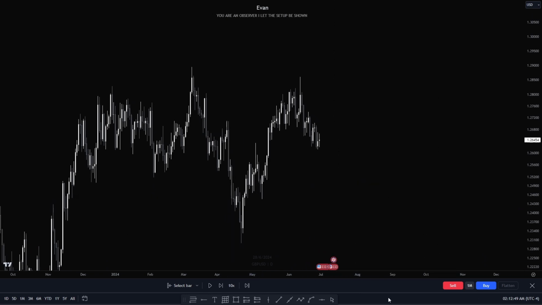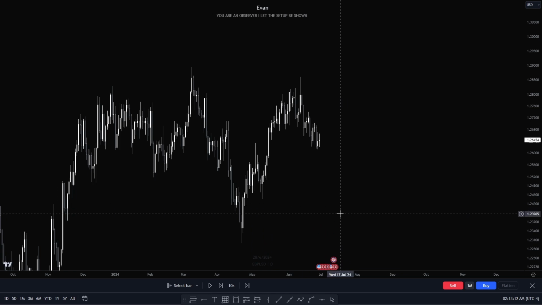So, whenever I backtest, I like to do obviously the pair that I trade, which is mainly NASDAQ, NQ. I do ES sometimes also to backtest. And then sometimes I'll do forex pairs to backtest also.